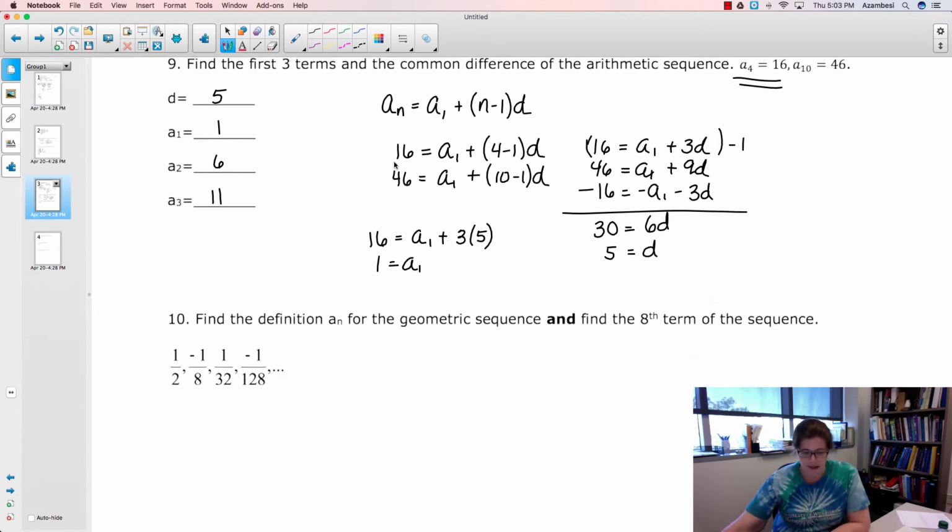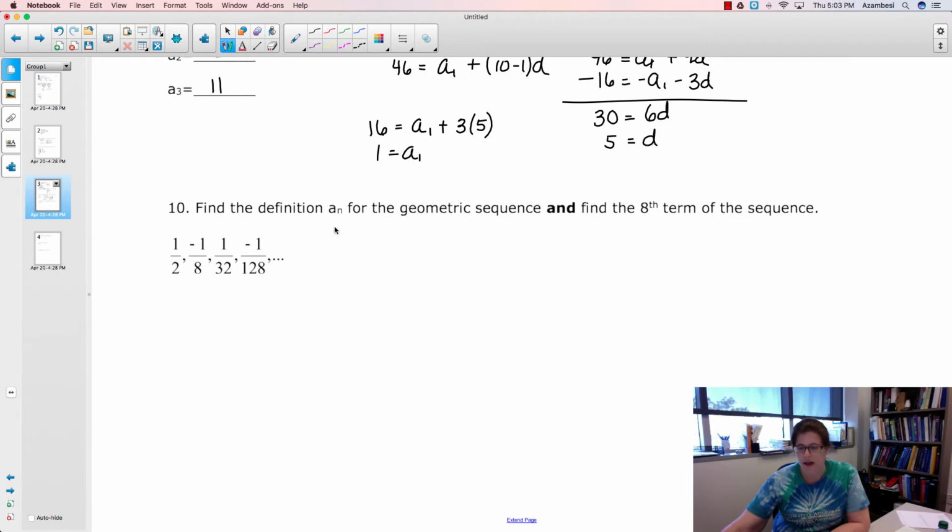Alright, looking at this next sequence, find the definition an for the geometric sequence and find the 8th term of the sequence. So if I want to find the definition formula first, for a geometric I need r. So r is the number I multiply one term by to get to the next. So looking at this, I know that I have to multiply by 4 on the bottom to make 8.